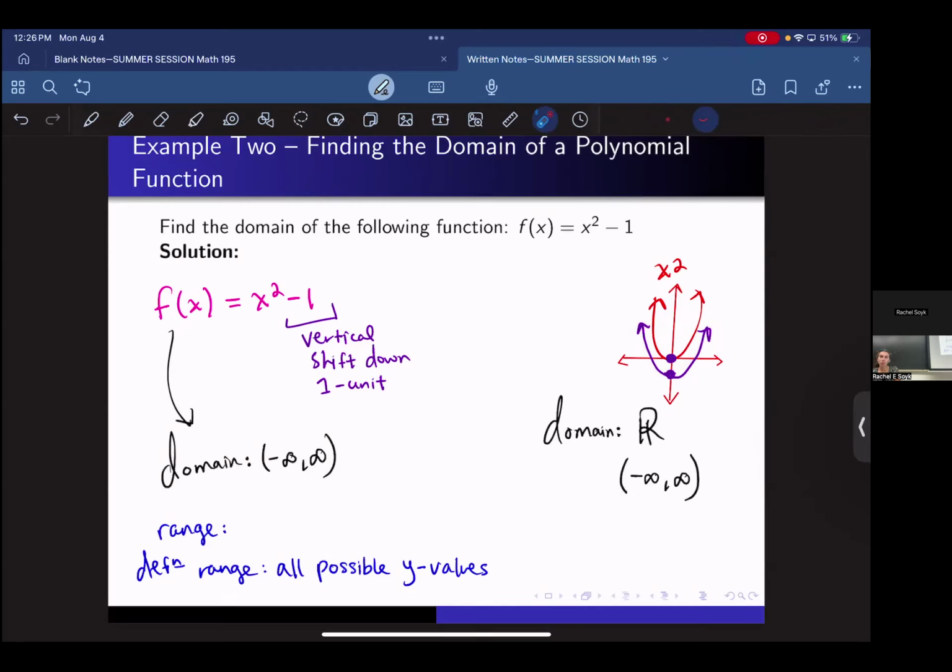What's the smallest y value possible? Yeah, and is it going to be a hard bracket or a soft bracket? Yeah, because we're including that -1. And then do we have any restrictions for the maximum? No, it keeps on going. So what's that second one going to be? Yeah, exactly. Soft bracket. And then we're done.